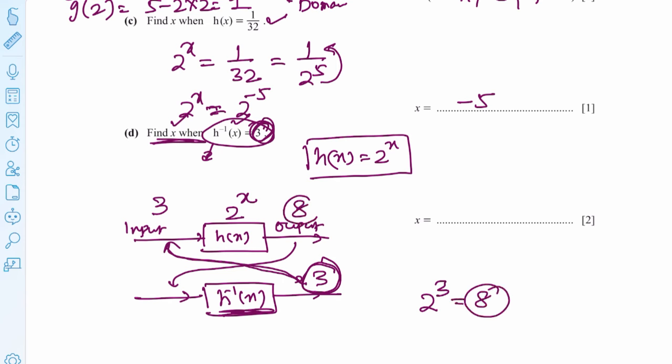That means the output of h of x equals the input of h inverse of x. Did you get it, everyone, clearly? If I say it in a mathematical way, the domain of the main function equals the range of the inverse function, or the domain of the inverse function equals the range of the main function. So we can say here x equals 8. Got it, everyone, clearly? Yes.